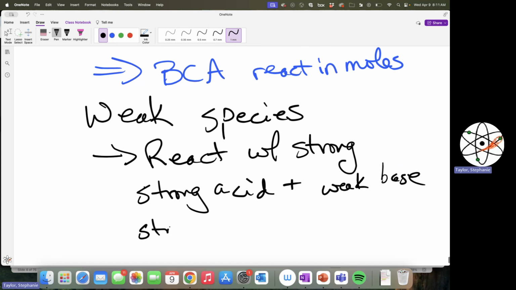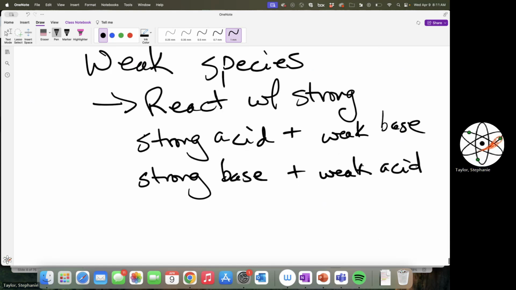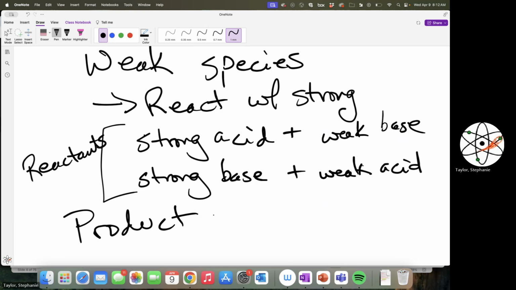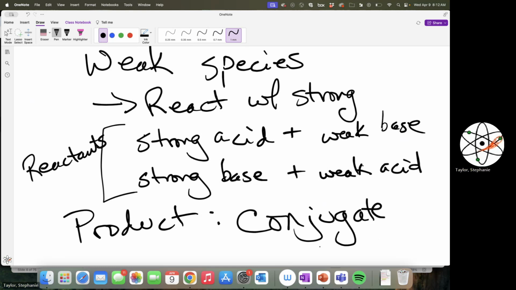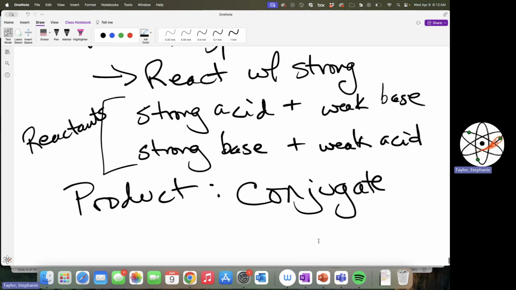If you have a strong base, you pair that with a weak acid. If you have a weak species and you're trying to decide, you're looking for pairs. So that would all be about the reactants, which means your product has to have the conjugate of the weak.